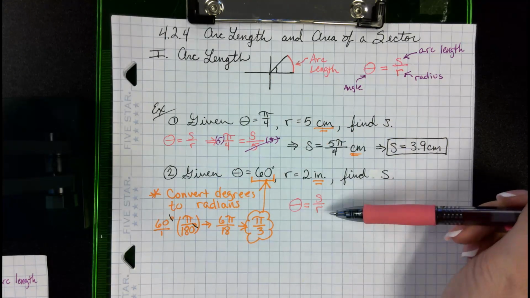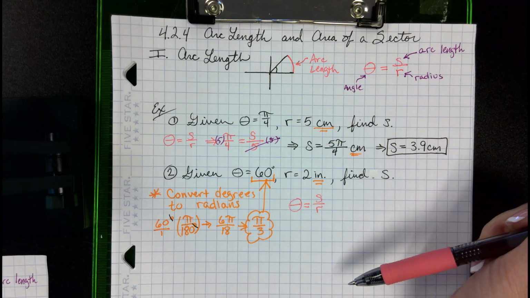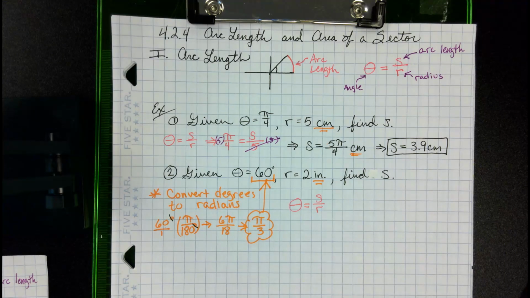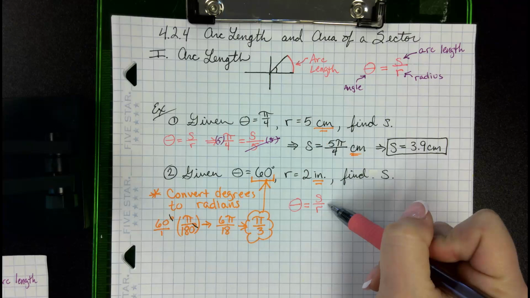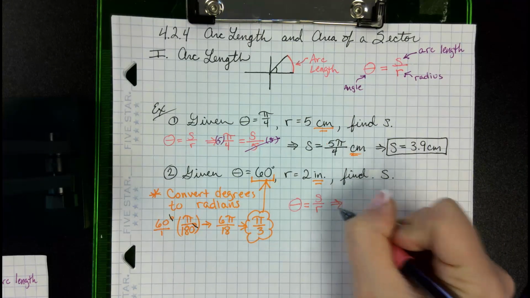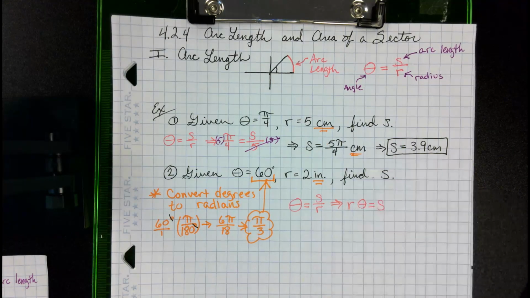I could, if I would prefer, get S by itself first and then plug in the values. If you like to do your solving with the letters before there's numbers involved, you could do that. I know I'd multiply by R on both sides. It would cancel this R. So that would be R theta equals S. So I just rearranged the formula first, so it's solved for S, and then plug in my values.